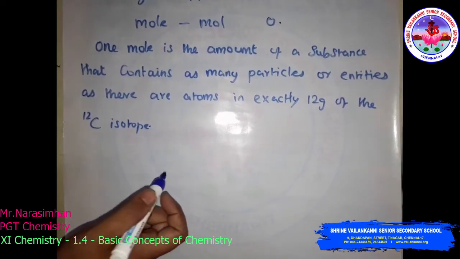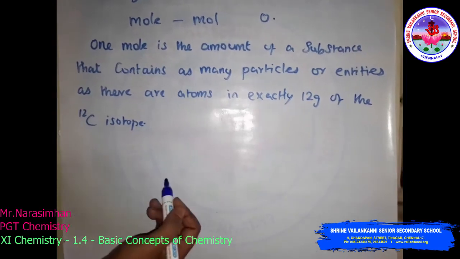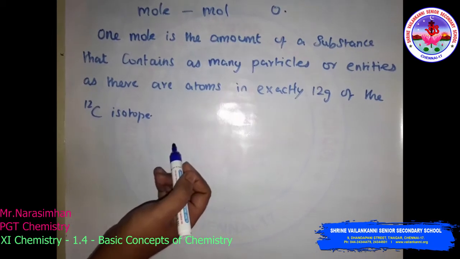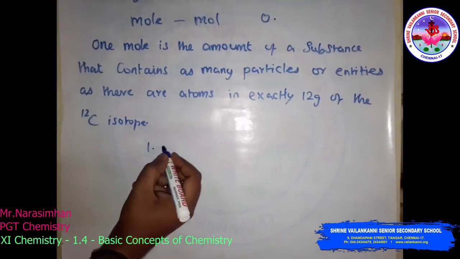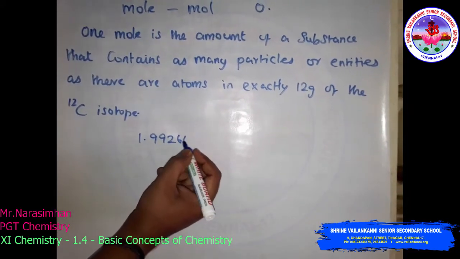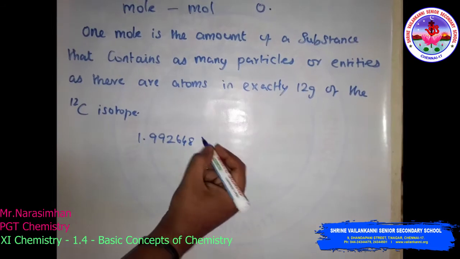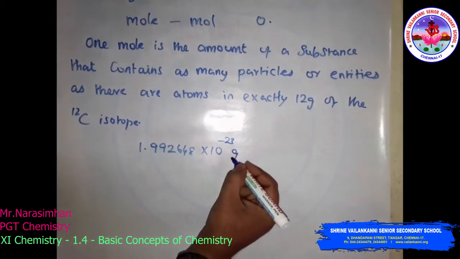The mass of a carbon-12 atom, determined by the mass spectrometer, is found to be 1.992648 into 10 power minus 23 gram.